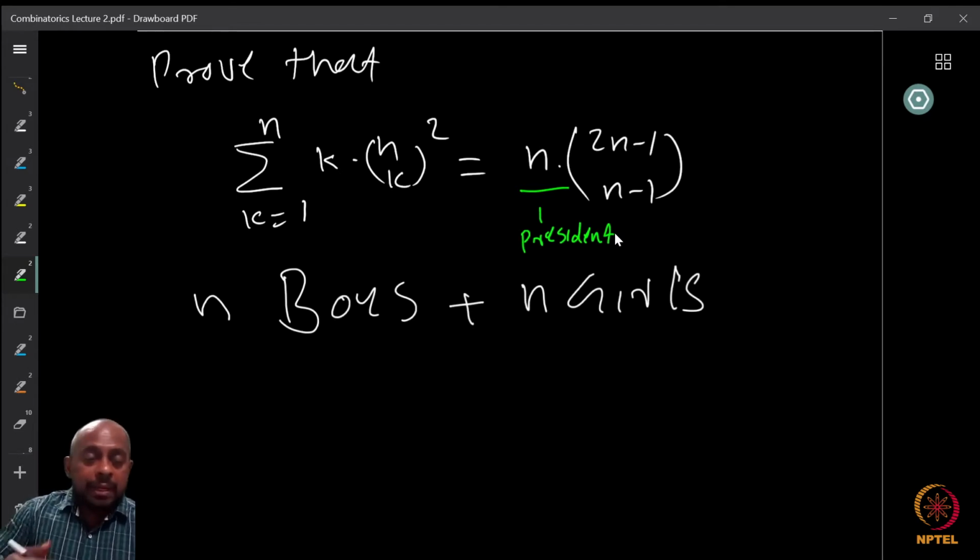My requirement for the club was that the president must be a girl, but for the remaining members there is no condition. Once I choose the president, who is already a member, the remaining n minus 1 members I have to choose.